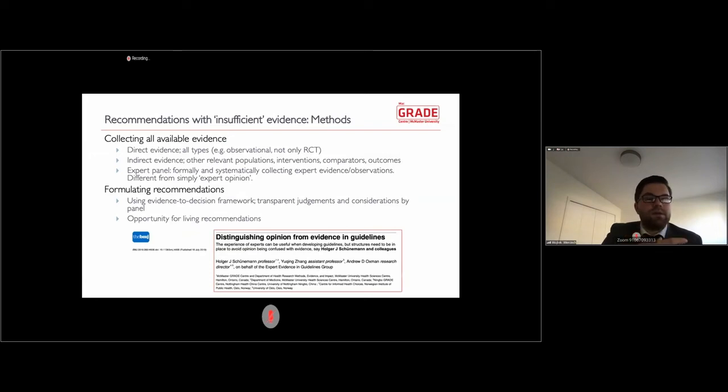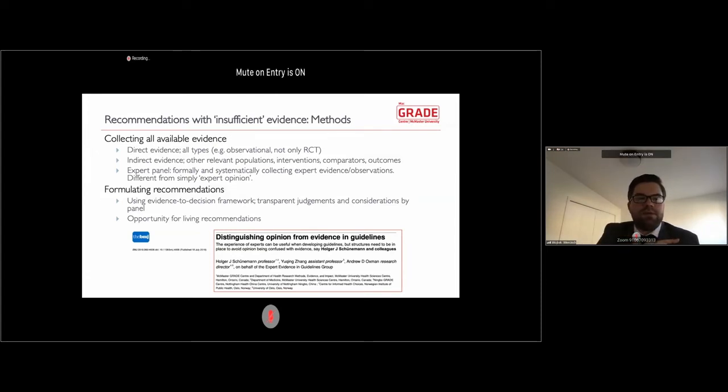And that, of course, includes looking at data registries, unpublished evidence that the panel may be aware of, but that isn't identified in systematic reviews of your typical databases. And in terms of formulating recommendations, we can again use an evidence decision framework to transparently make judgments and outline all the considerations made by a panel when that evidence was considered very low quality or lacking, and still come up with a specific recommendation.